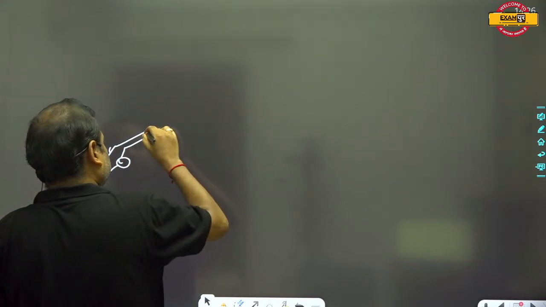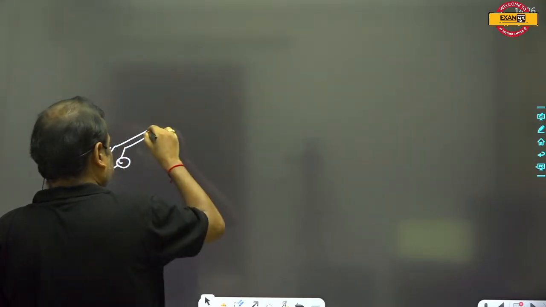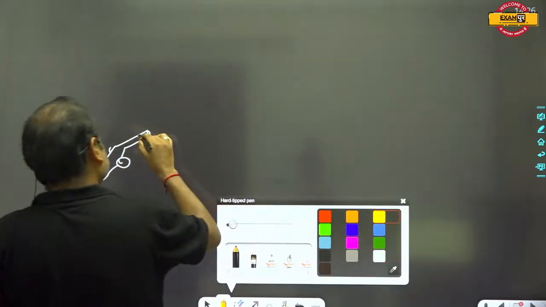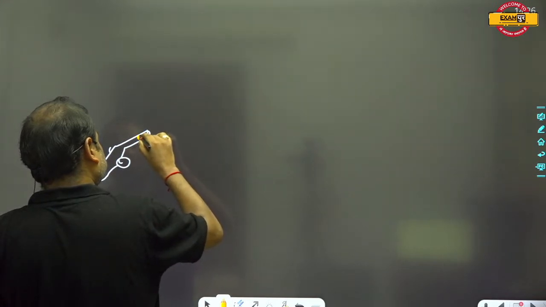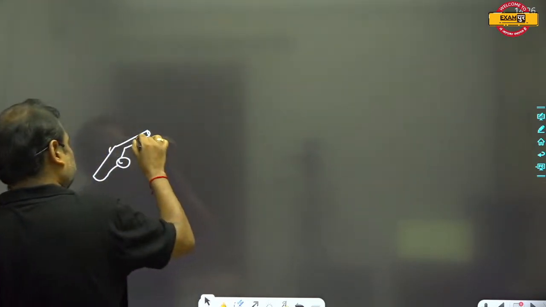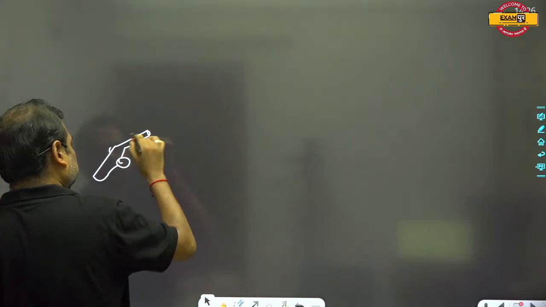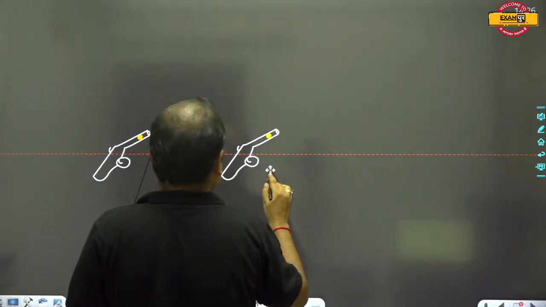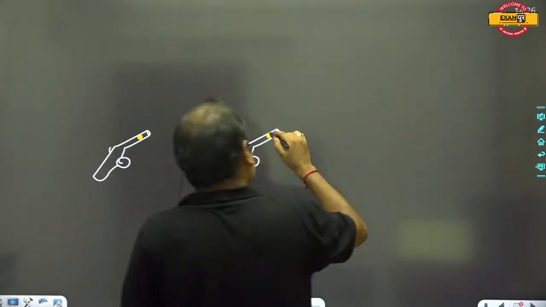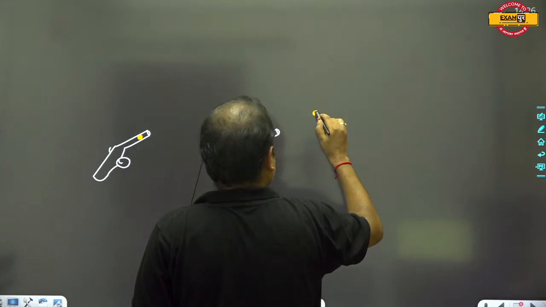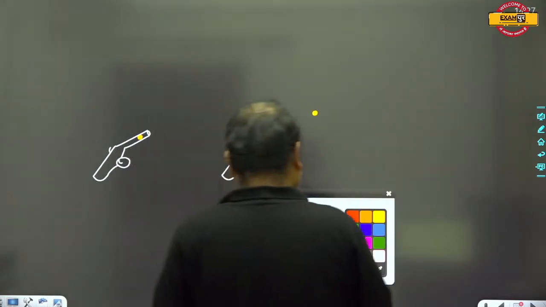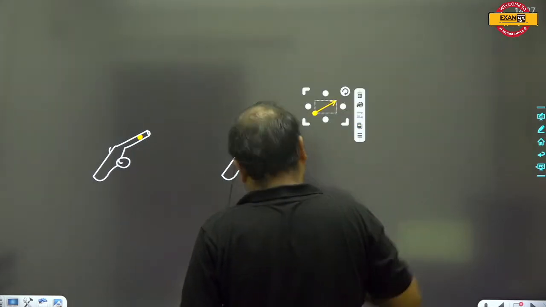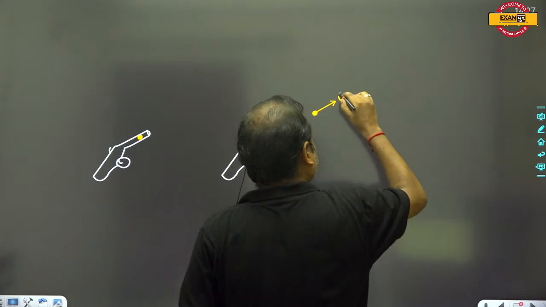So this is a gun, and suppose that this is the bullet inside the gun. Now this is the gun, but now the bullet has been fired by the gun, and suppose that the ball has been fired with the velocity v.